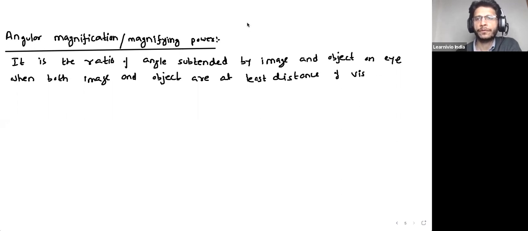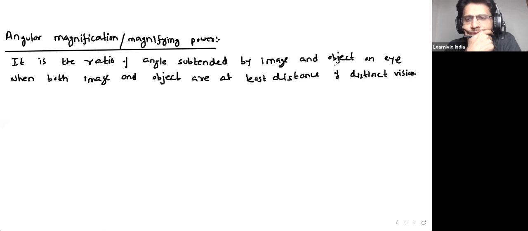How much is the least distance of distinct vision? Yes, 25.